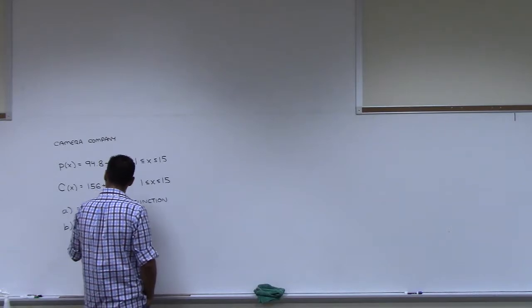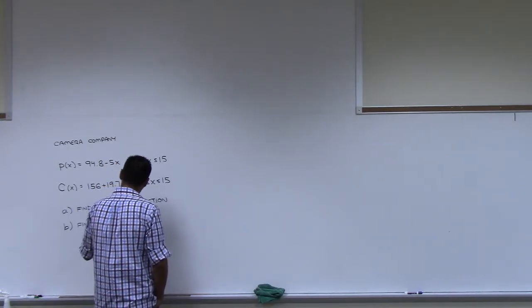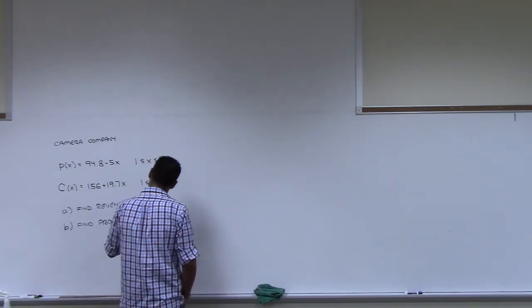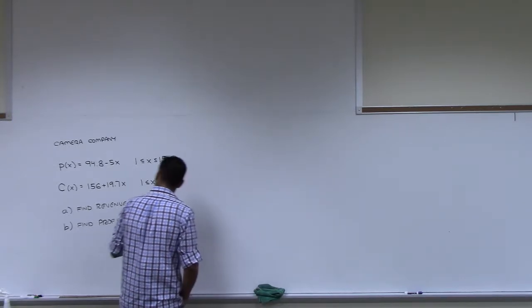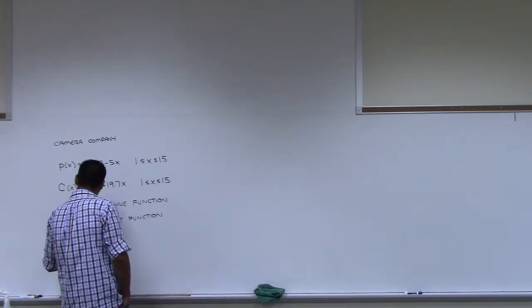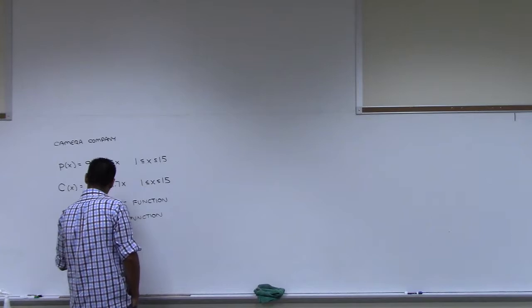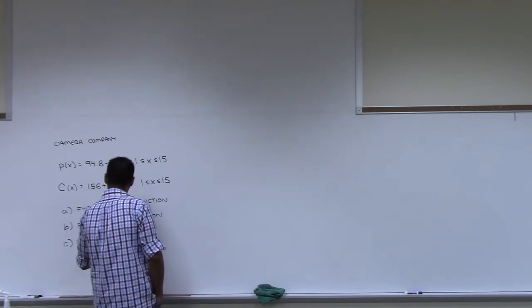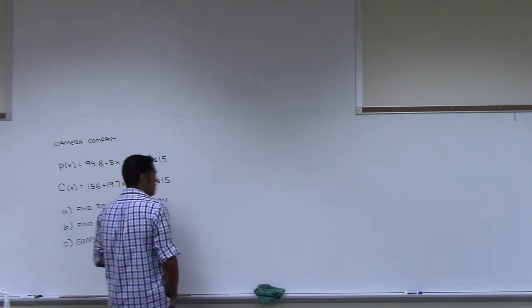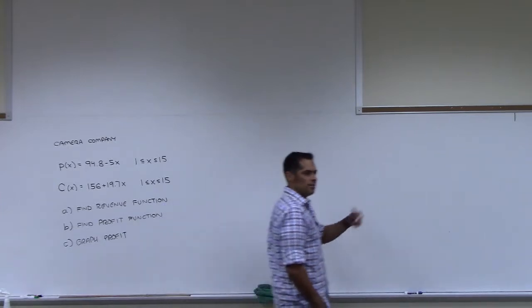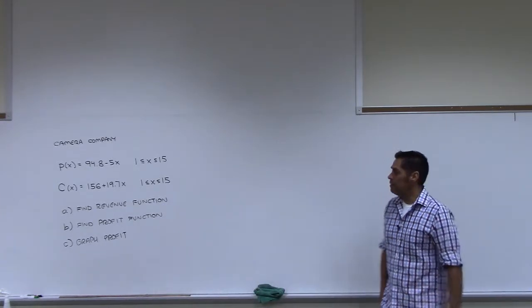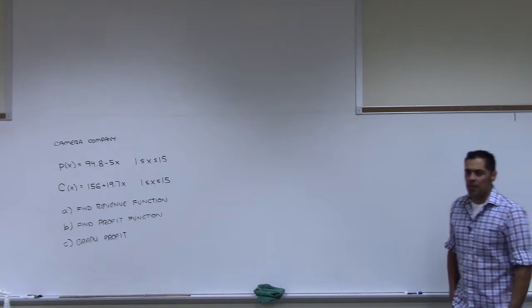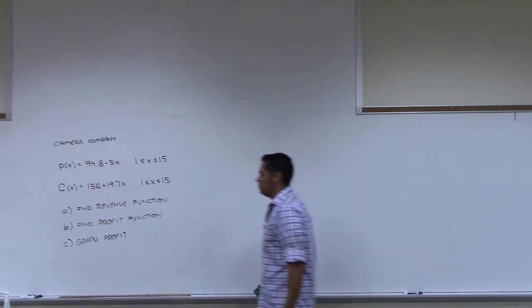Yeah. Graph profit. And then from the graphing, we're going to find break-even points where profit is positive and negative. All right, so first step is to find the revenue function.